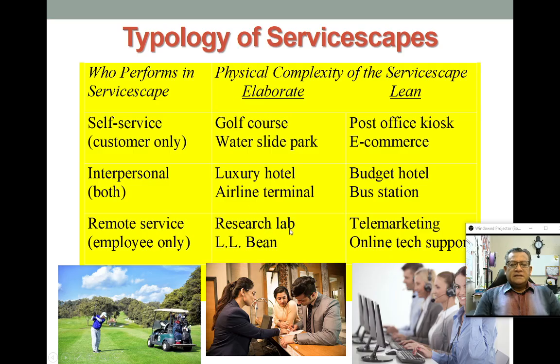So these are the elaboration or the study of types of servicescape. Basically, they have six combinations or six segments, from as elaborate as a golf course to as simple as telemarketers, that is serving customers, helping customers to get their answers.